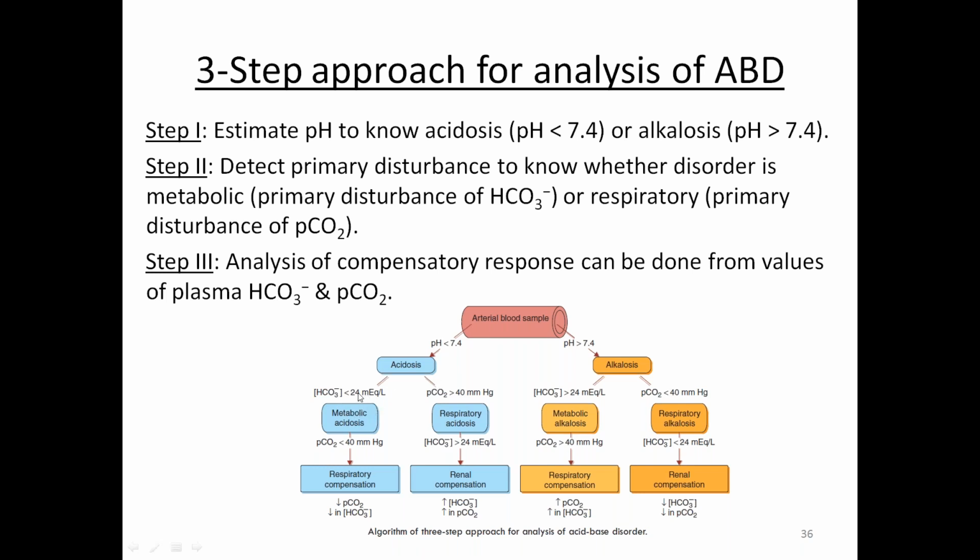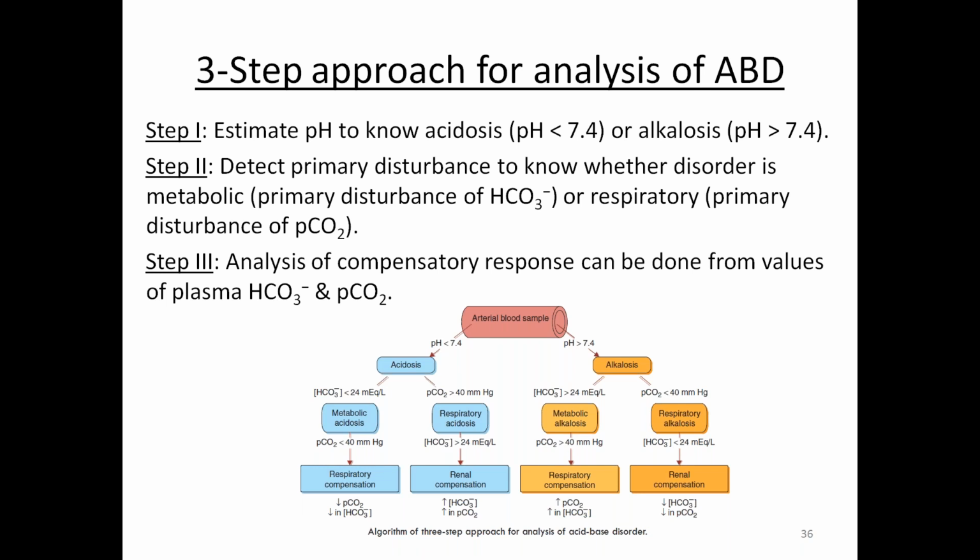Now your PCO2 is less than 40. I said 22. So there is respiratory compensation happening. So this looks like a case of metabolic acidosis with respiratory compensation. Now in this kind of a numerical, you can get values of ions, okay, when you need to be calculating an anion gap.